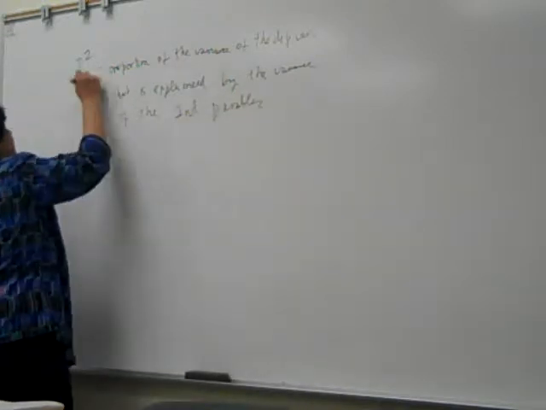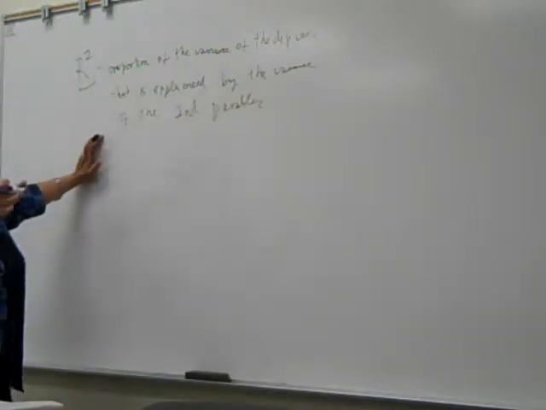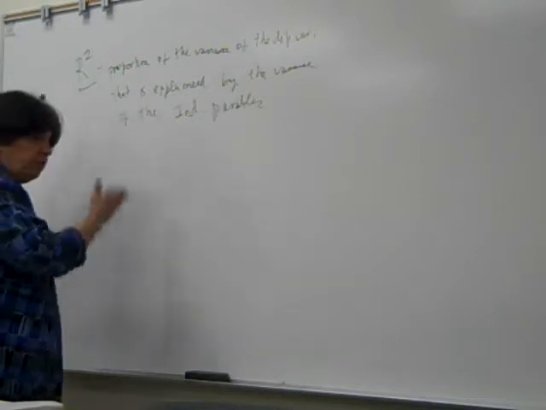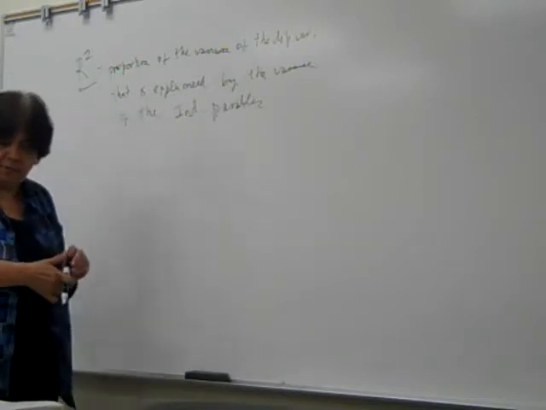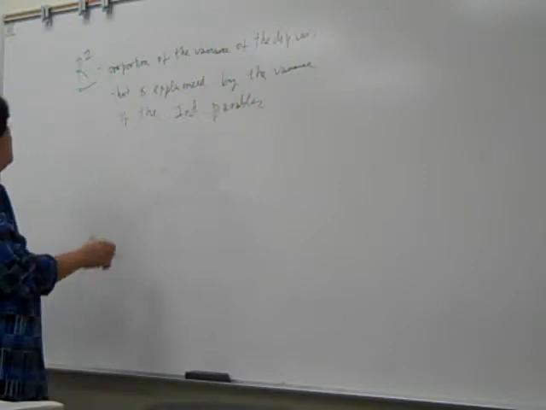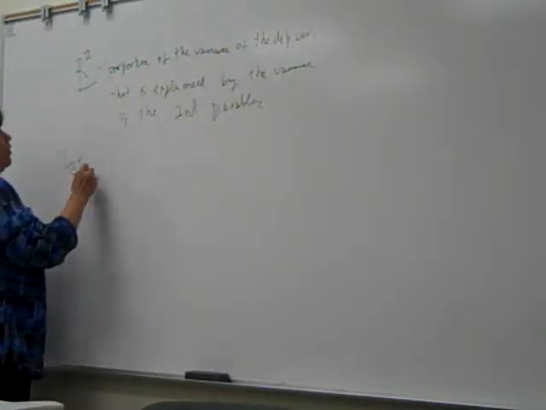Okay? So really, R squared is the proportion of the variance that is explained by all the independent variables. Now, how do you test your regression?